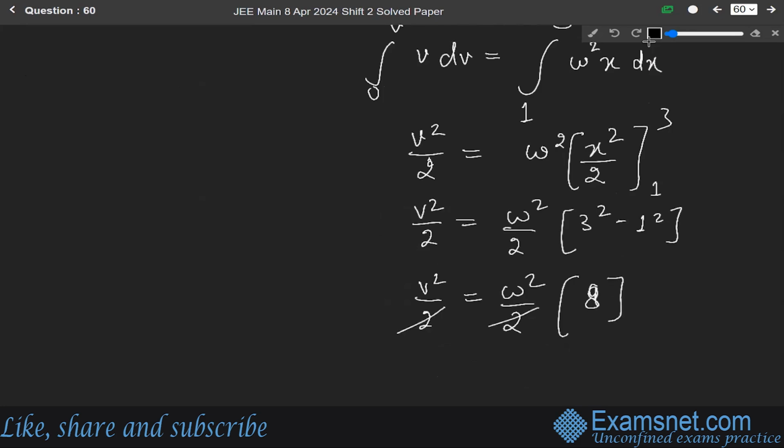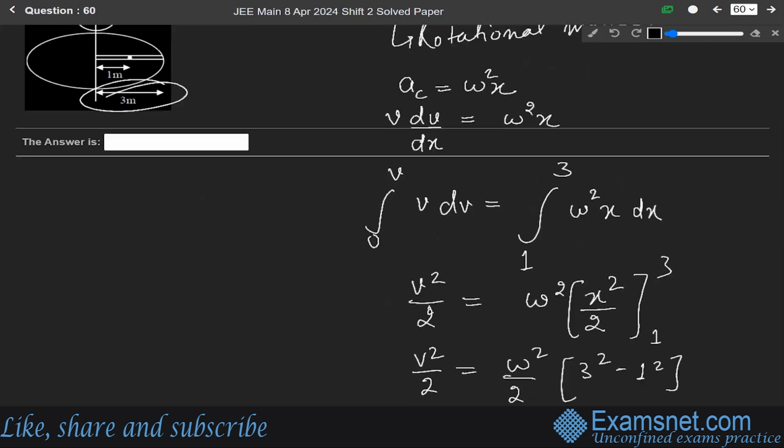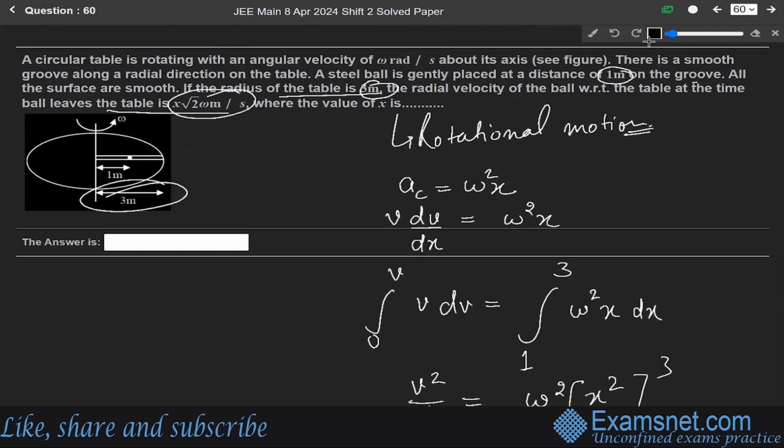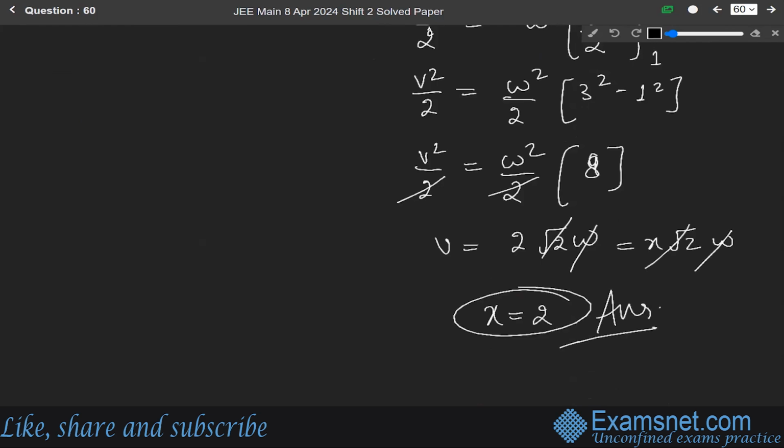So the 2 cancels, and we get v equals 2 root 2 omega. Comparing it with x root 2 omega meter per second, the omega cancels, root 2 cancels, so the value of x is 2. This is the final answer.